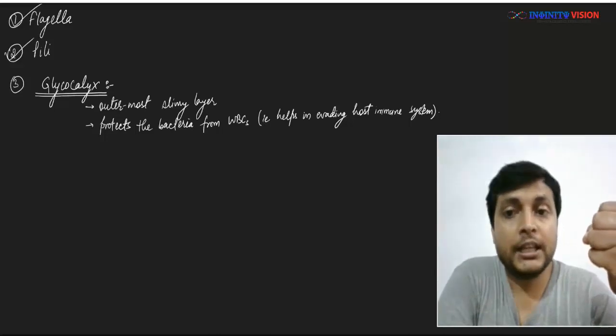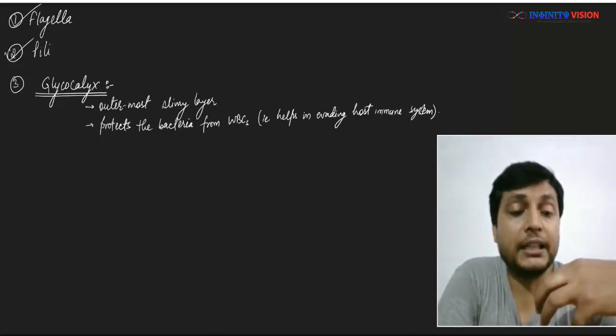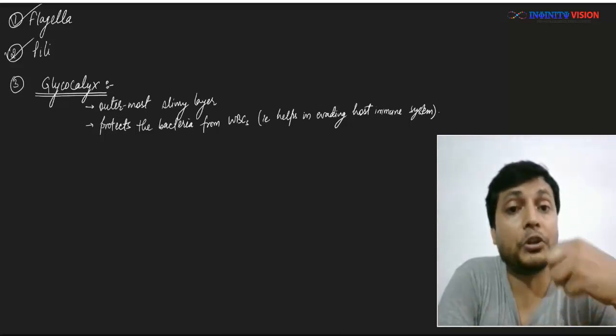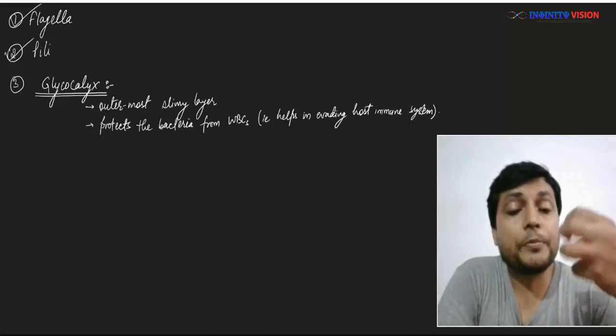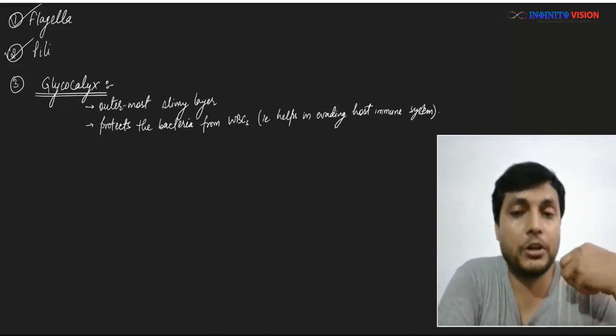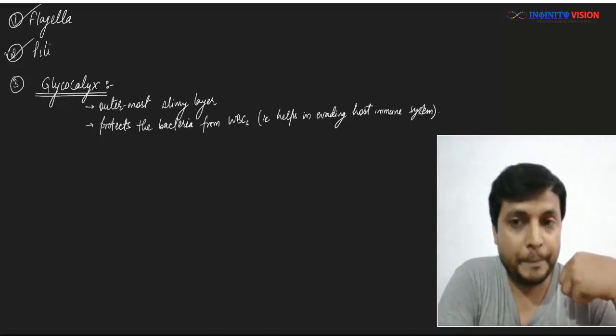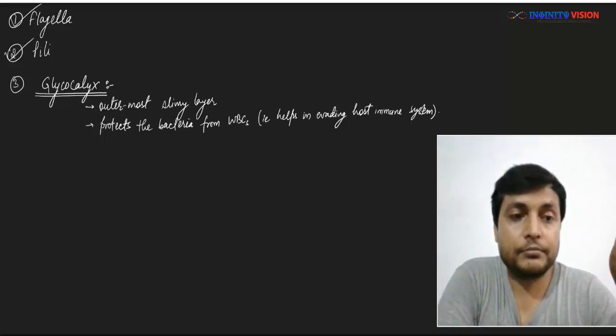Now, this immune system is responsible for fighting against any kind of foreign particle or any kind of pathogen that comes inside your body and tries to harm your body. So this is the work of the immune system.